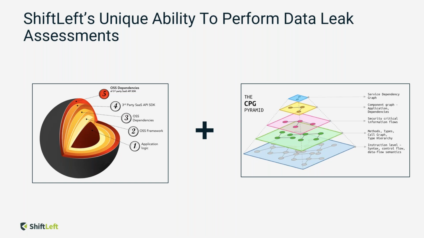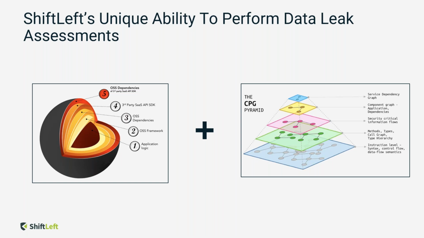Starting from your application logic, all the open source frameworks that you use, all the open source dependencies that you use, all the third-party SaaS APIs and SDKs that you integrate with, and the dependencies of those APIs and SDKs. So we can analyze and give a representation of this entire stack, and we can see where the data is flowing across these entire layers of implementation.